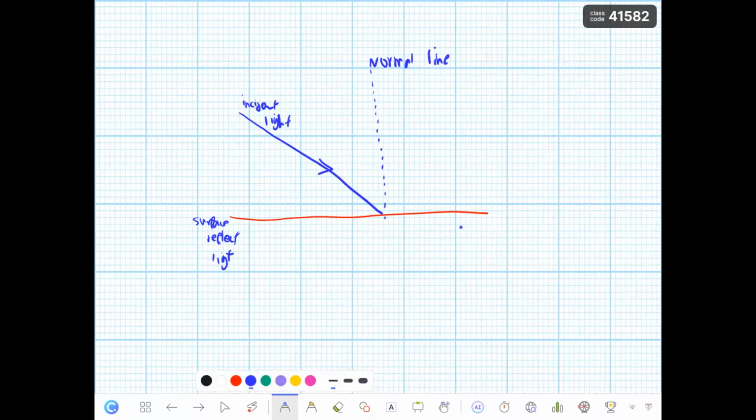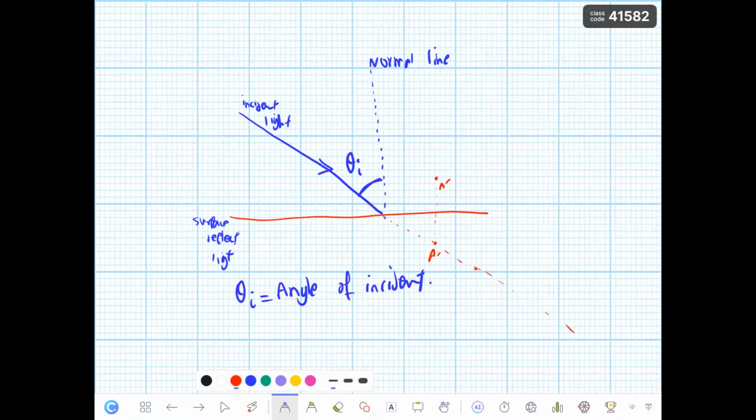So I call this angle theta I. I call it angle of incident. And I said how I can draw the reflected one. If this is A prime, I just draw A prime here.